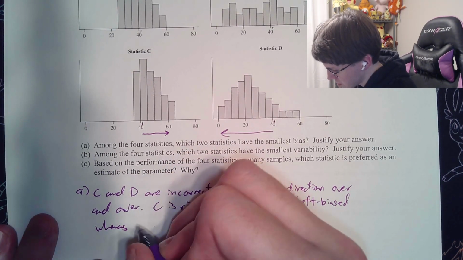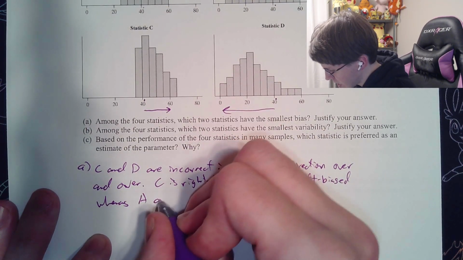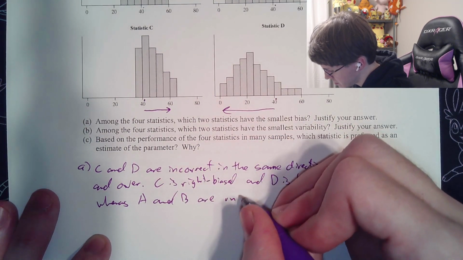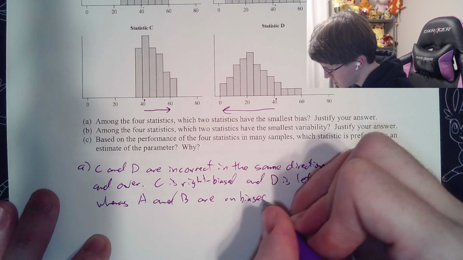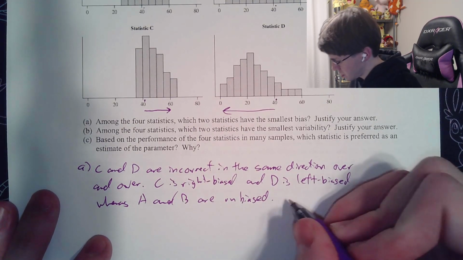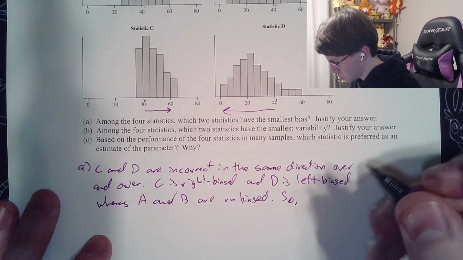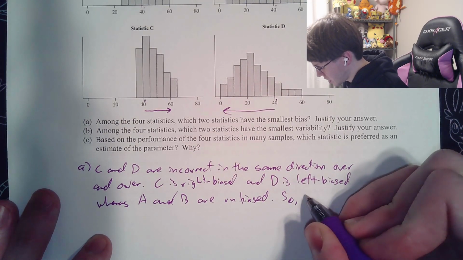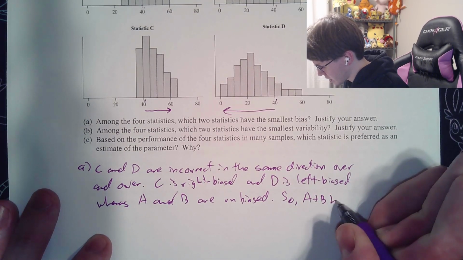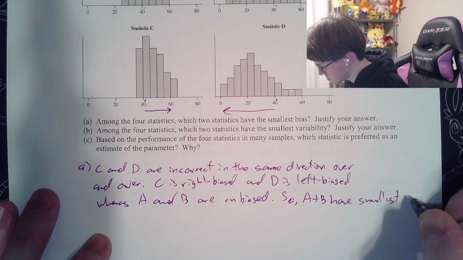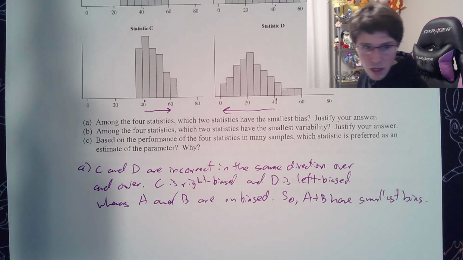Whereas A and B are unbiased. So which have the smallest bias? So A and B have smallest bias. Okay, good enough.